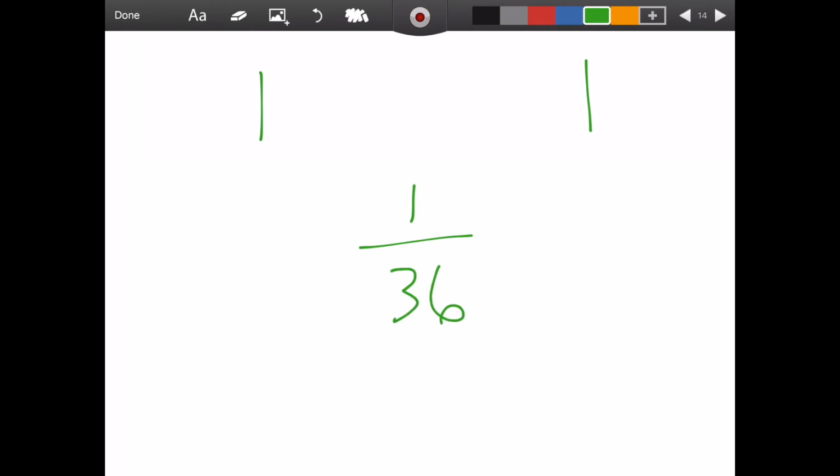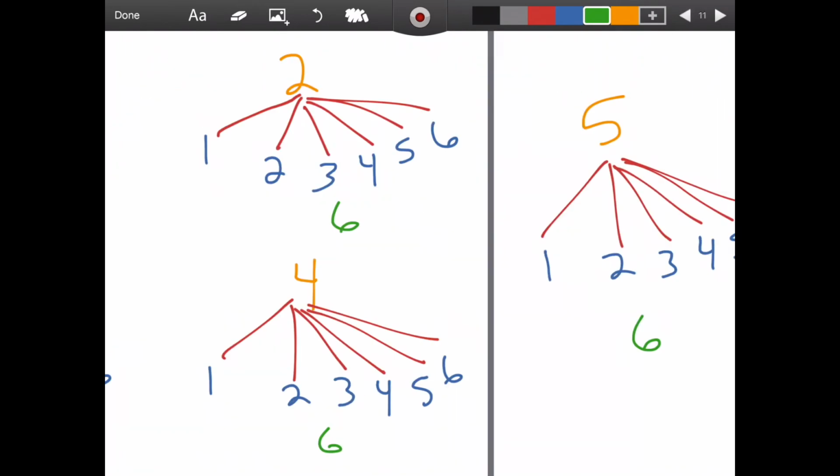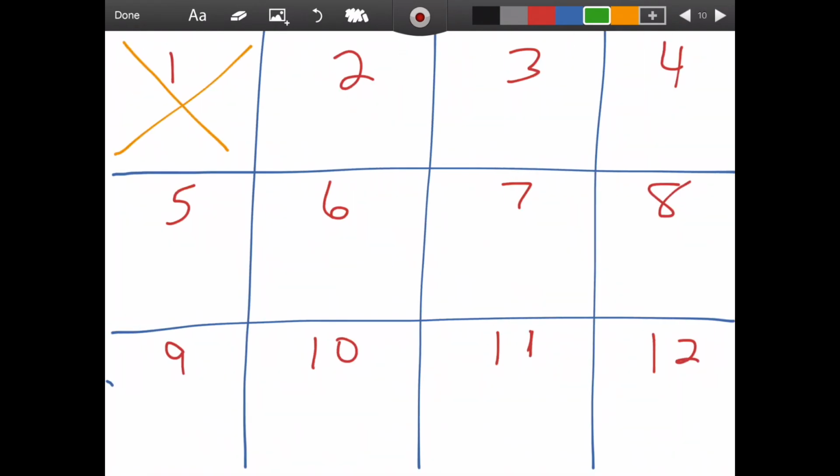So actually the only way to roll a 2 here would be a 1 out of 36 chance, because the only way I can get it is if I roll a 1 and a 1.